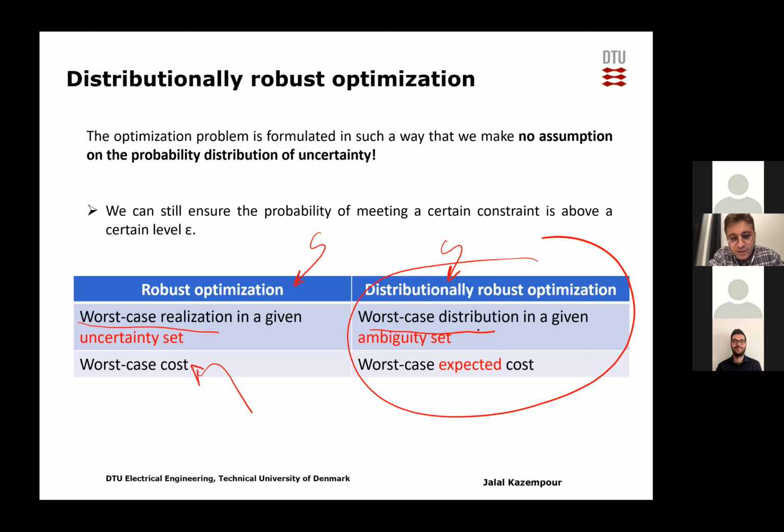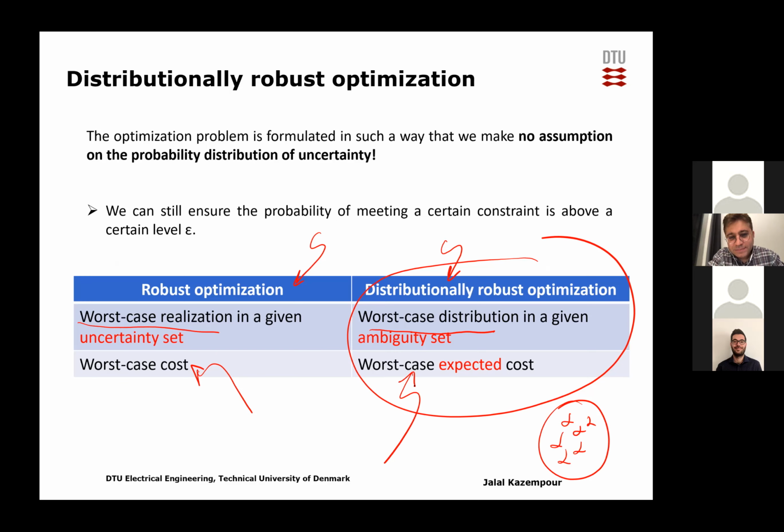So if we are finding the worst distribution, it means that we have a bunch of distributions that we call an ambiguity set. So we have an ambiguity set with a lot of distributions. Then we are trying to find the worst distribution. And then for the worst distribution, we optimize an expectation.